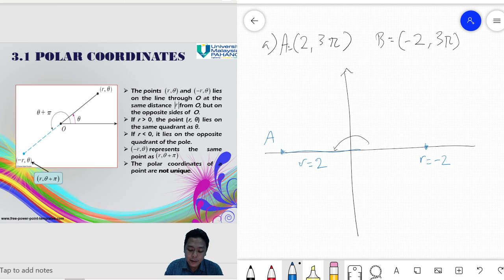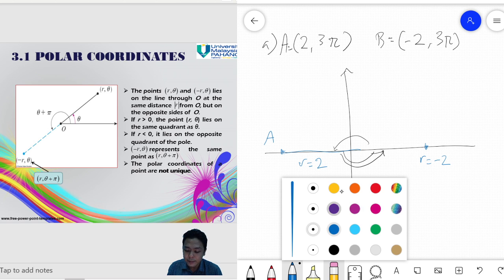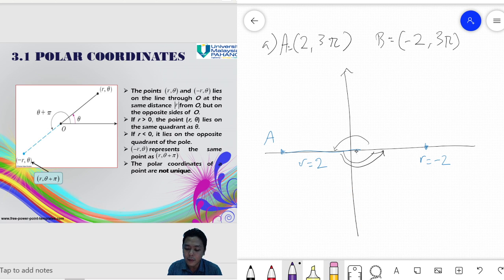So the angle will be here up until 4 pi, almost one circle. And the line represented by -2 and 3 pi will be the opposite of A. So this will be your point B here.